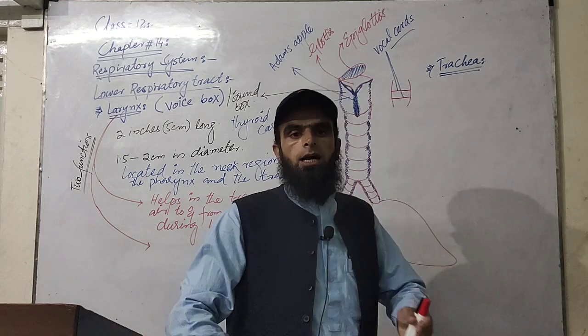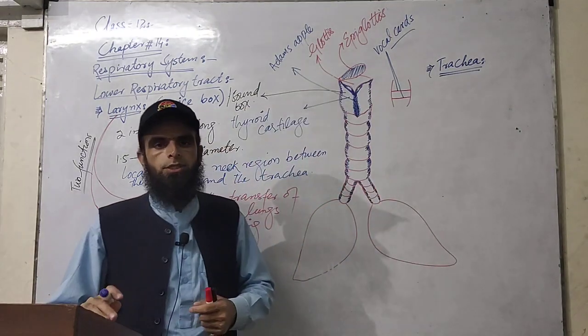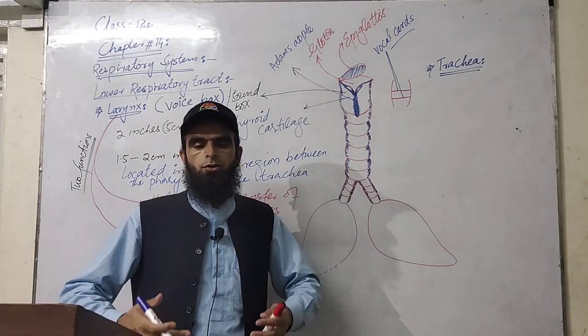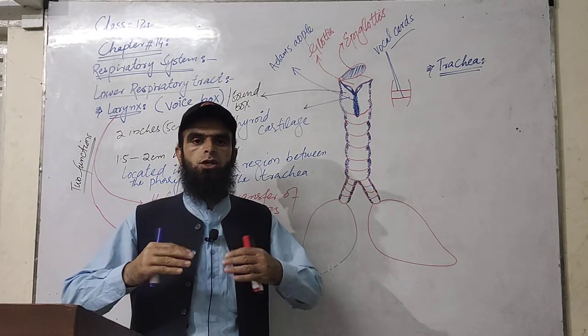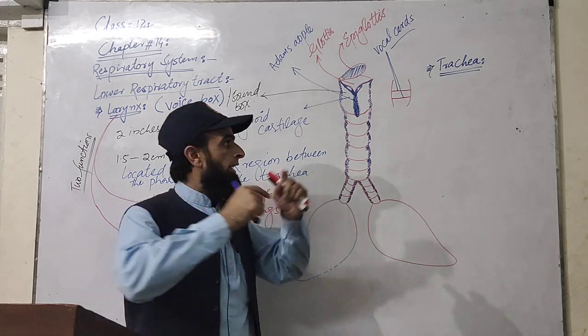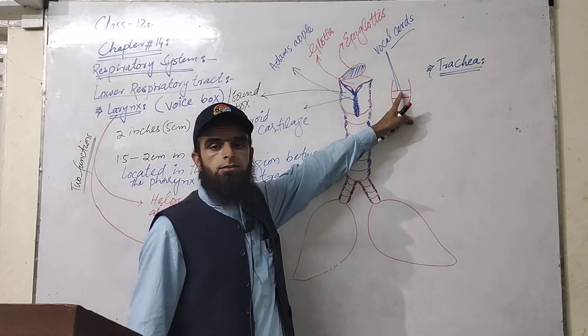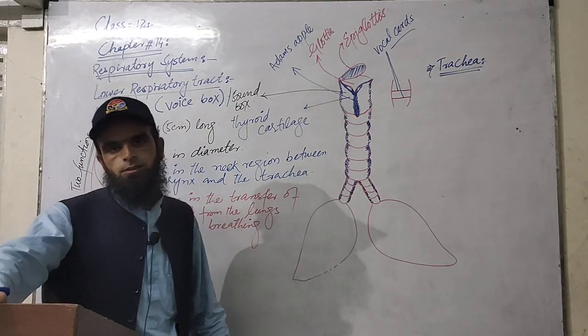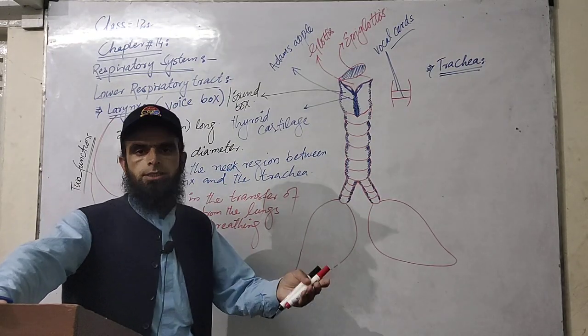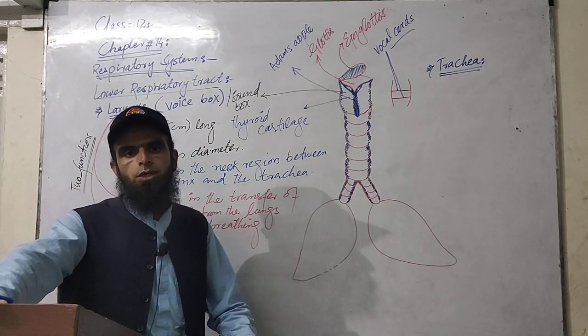What happens during production of sound? Air is pumped from the lungs towards the larynx, where that air vibrates these bands, and because of vibration, I think you must have studied in physics that vibration produces sound or voice.